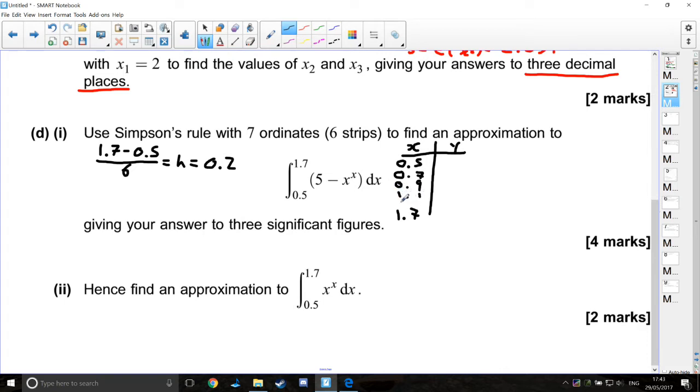And I've run out of room. 1.3, 1.5, 1.7. So just double checking, I should have 7 ordinates. 1, 2, 3, 4, 5, 6, 7. Perfect. Sub all these into this equation here, and I'll get my y values for the formula.